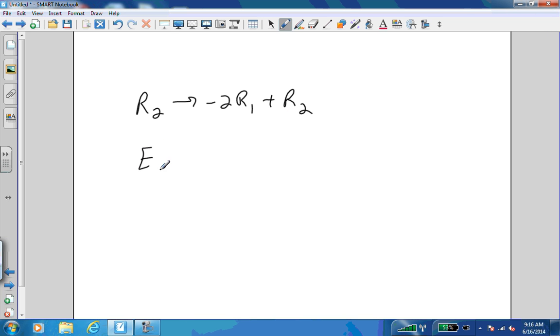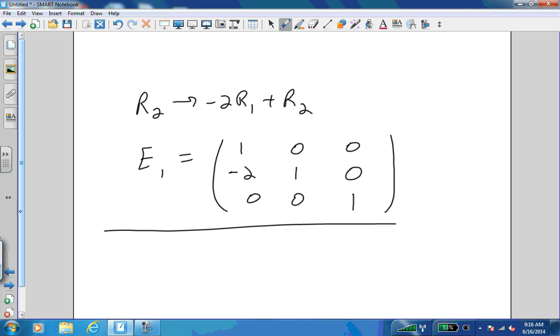So that elementary matrix, I'm doing this on the second row, so the first and the third row are unchanged, but on the second row, I do twice the first row, and I'm doing the opposite of that, plus whatever my second row was, and then it doesn't have anything to do with the third row.